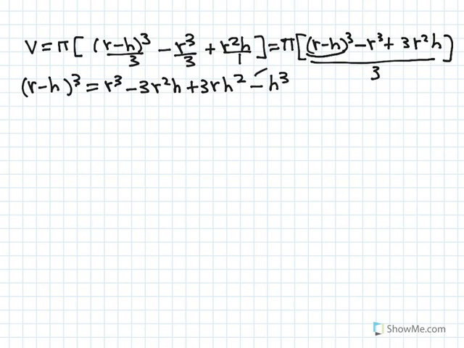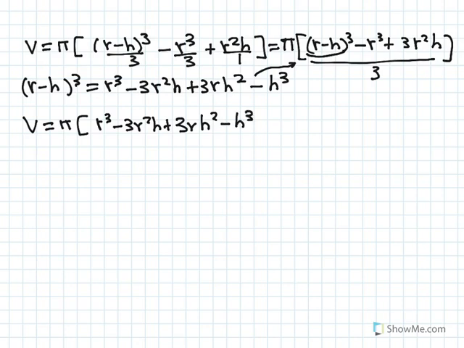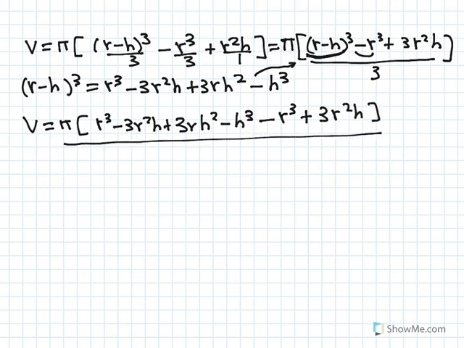Let's insert this in and simplify. The volume is equal to pi times r cubed minus 3r squared h plus 3r h squared minus h cubed, as the expanded version of r minus h cubed, minus r cubed plus 3r squared h, all divided by 3.